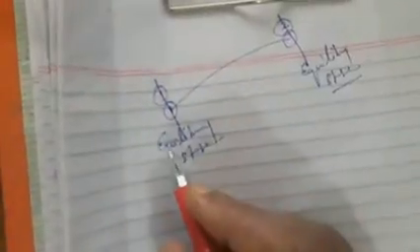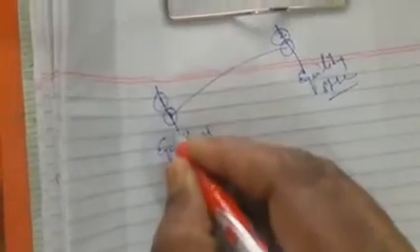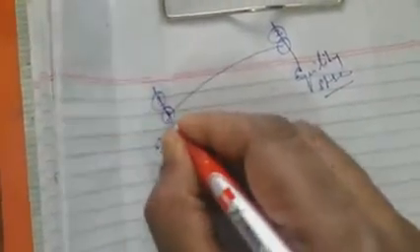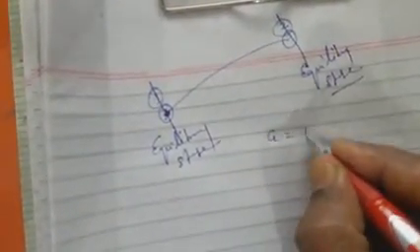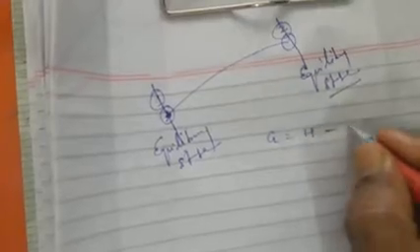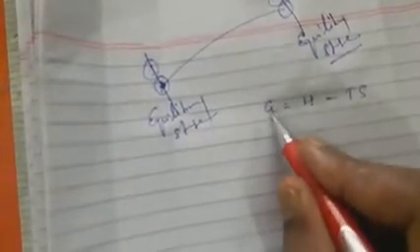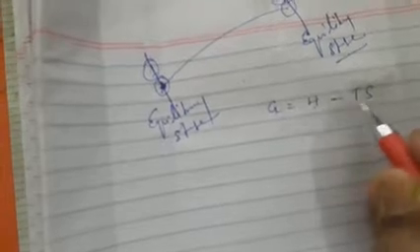Now, at this state, G is equal to H minus TS. This is the relation between G and H, where G is free energy, H is enthalpy, S is entropy, and T is temperature.